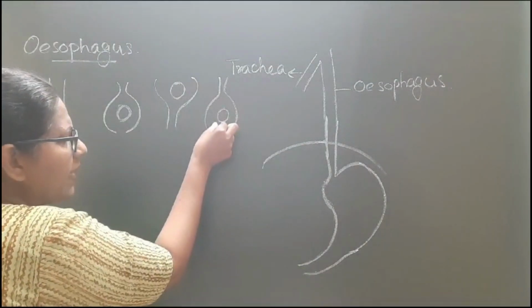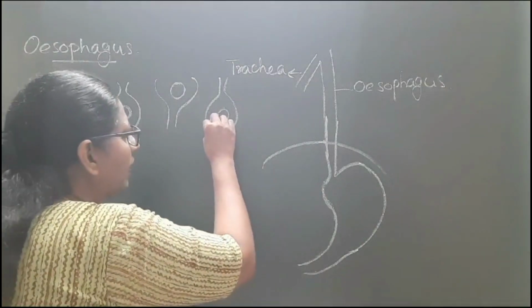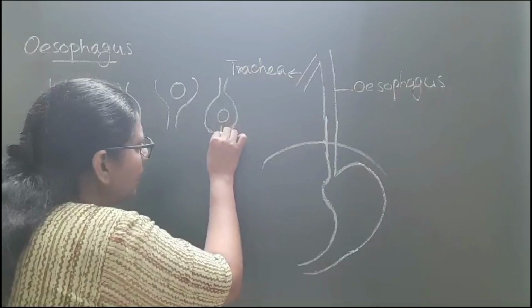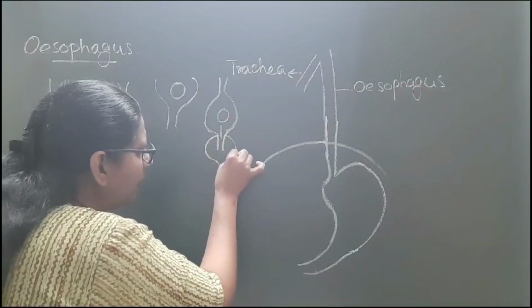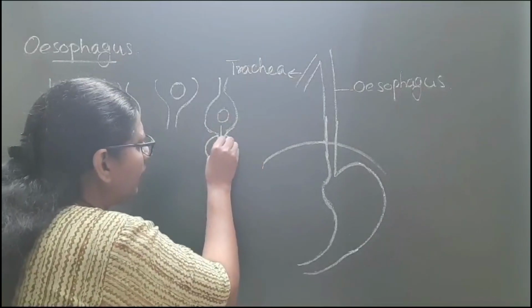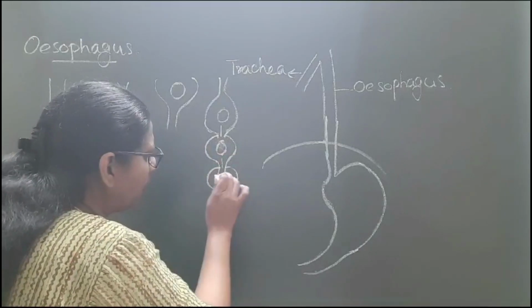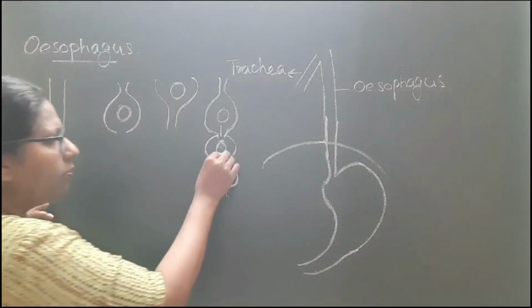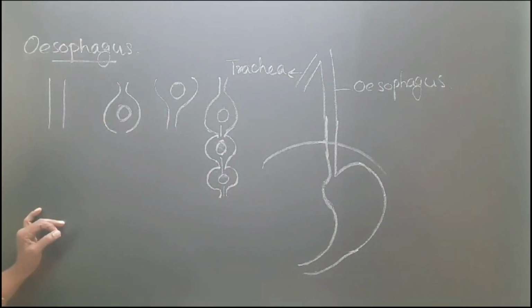Again it takes the food in, and the part below becomes narrow. Again the food comes here, it expands, and then it becomes narrow. This movement keeps repeating, and that movement is called peristaltic movement.